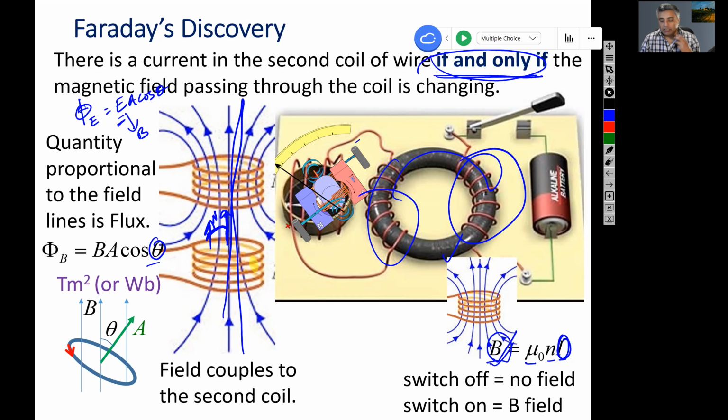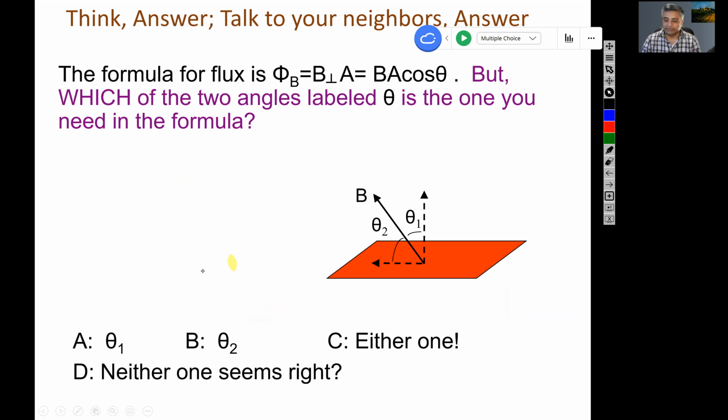Now, a changing field changes flux. Changing field produces induced EMF, meaning changing flux produces induced EMF. But before we get in there, let's make sure we understand what angle to use. So here is a question.